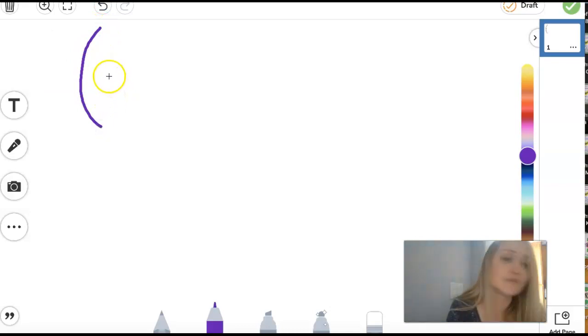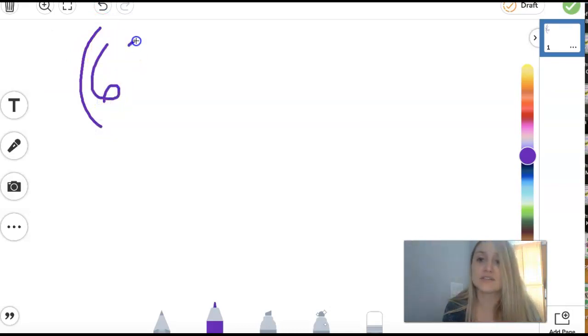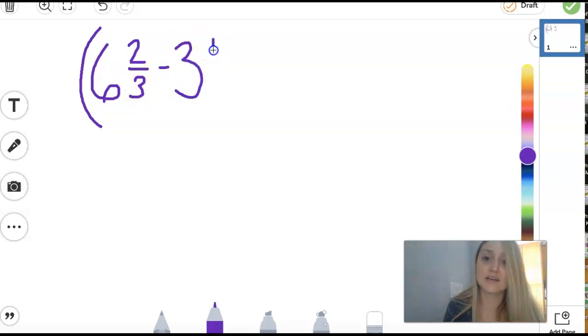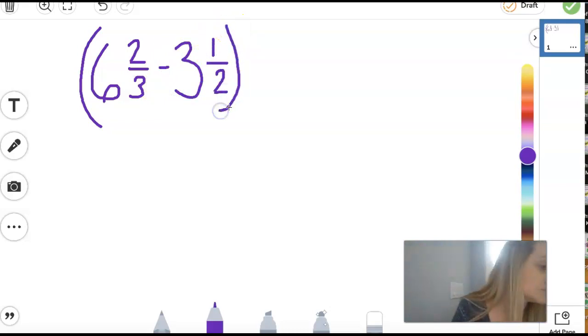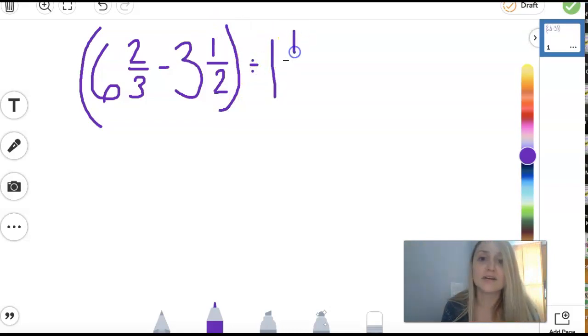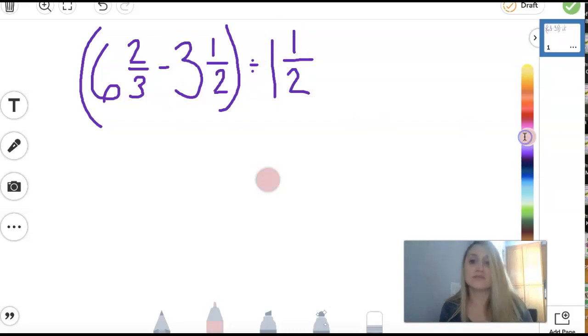We have 6 and 2 over 3 minus 3 and 1/2 divided by 1 and 1/2. Okay, so again, I'm going to do where I go one on top of the other because that's the way I personally think subtracting is a lot easier than adding.